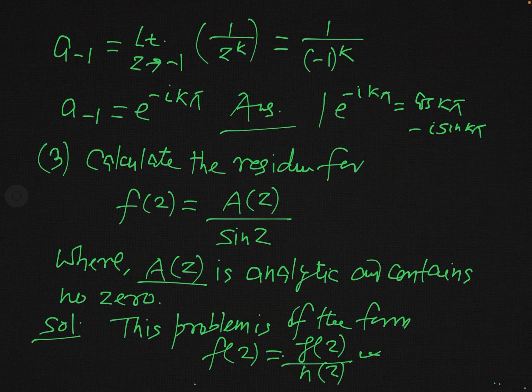So you can see this problem is somewhat different, but we have learned the technique to find the residue of such problems in the previous lecture. You can see in this problem, the form of function f of z is in the form of g of z over h of z.